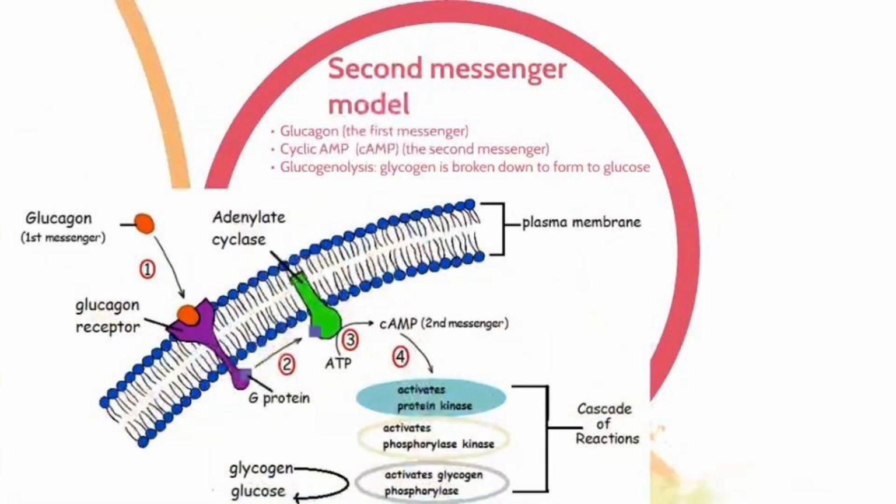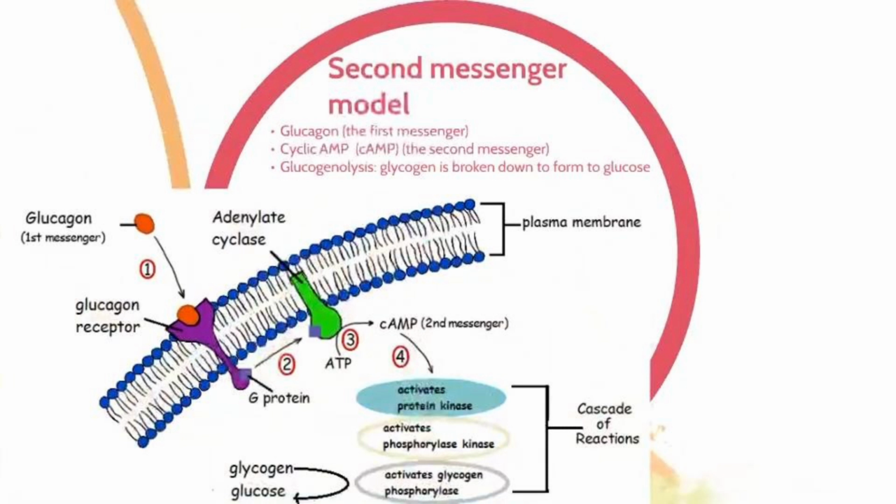These enzymes then go on to activate phosphorylase kinase enzymes by adding on a phosphate group to them. The phosphorylase kinase enzymes require an added phosphate group to become active, and this phosphate group is added by the active protein kinase A enzymes.